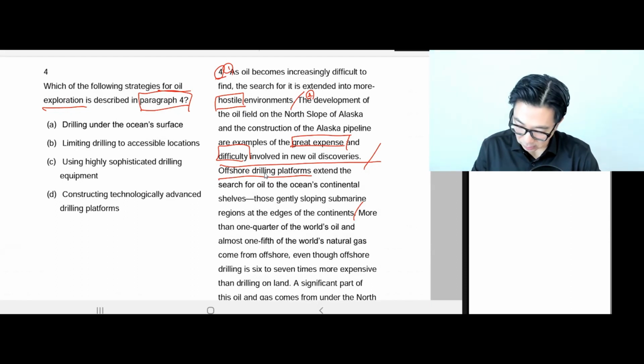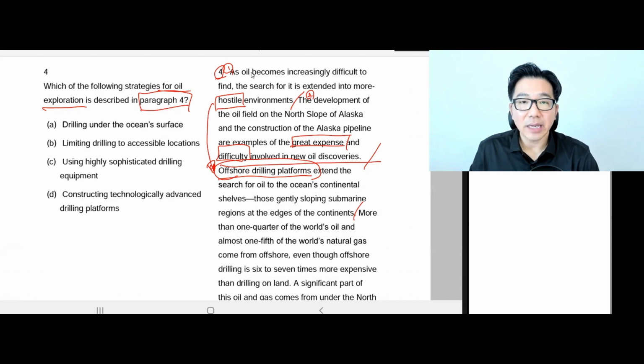So this is another example that they are going to hostile places to get oil because they cannot find oil in the middle of the land, or humans may have extracted it already. They got all of it out and they need more, so they're going to the ocean.